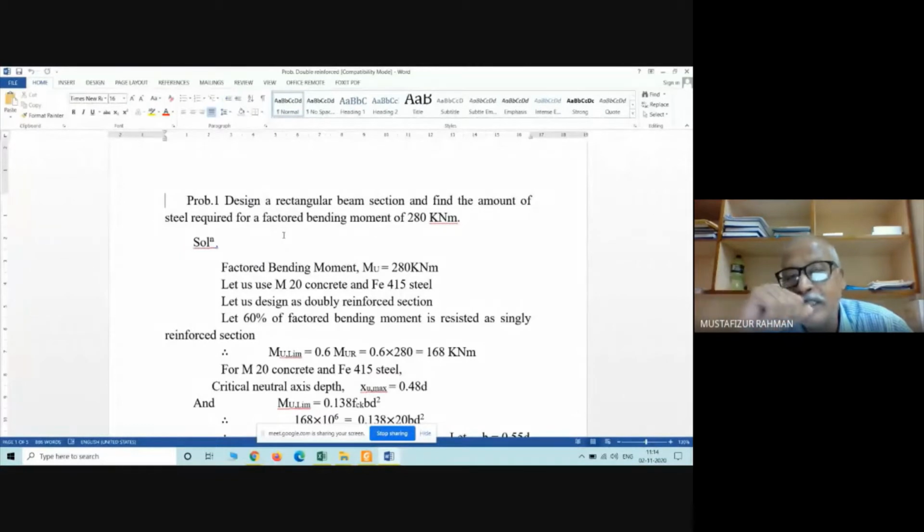In design of structures, that is called factored moment, right? Why is it factored moment? The moment with respect to elastic condition is multiplied by a partial safety factor, and that's why it is factored.